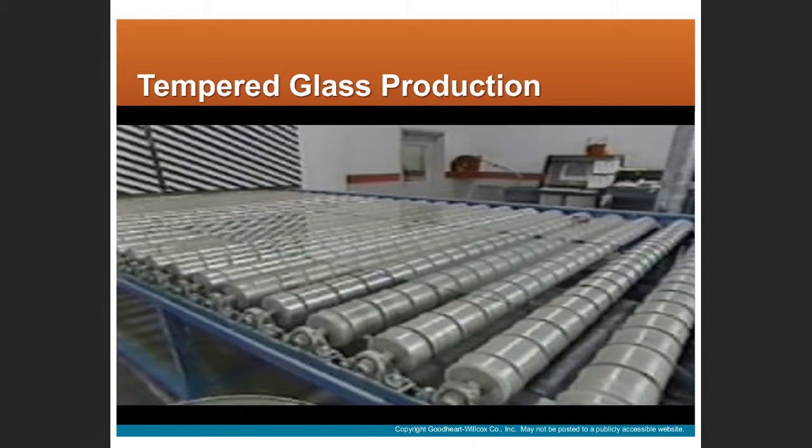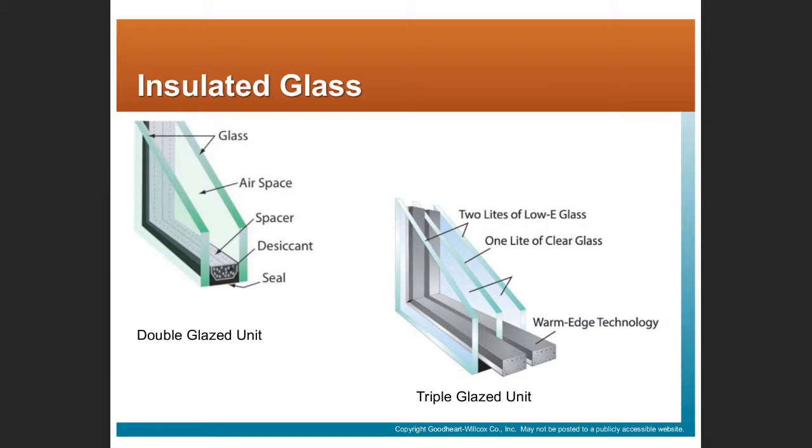Right, we just saw that video on tempered glass production. So these are examples of insulated glass, either a double glazed or triple glazed unit. So again, we have sheets of glass with an airspace between them and a spacer that establishes that dimension.